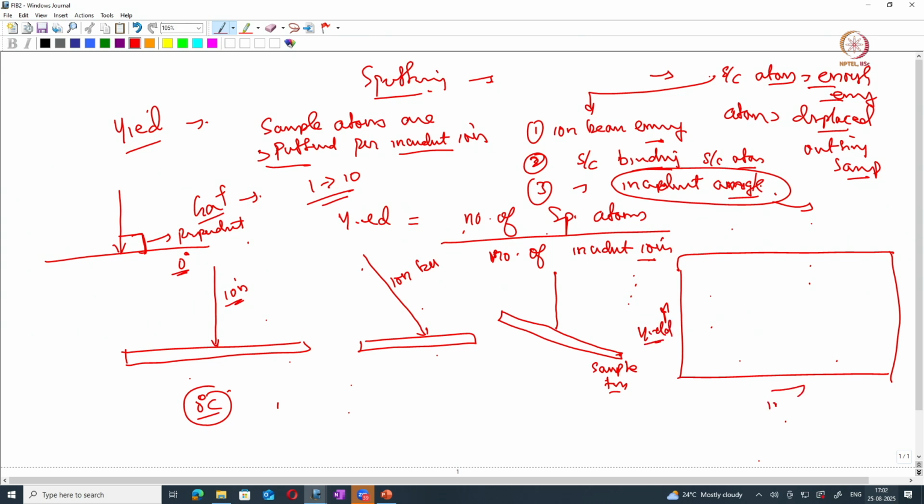Based on the experiment, if you have the sputtering yield and this is your incident angle, the sputtering yield is, as I told you, the number of atoms removed per ion.